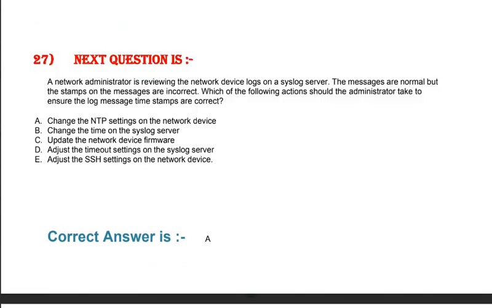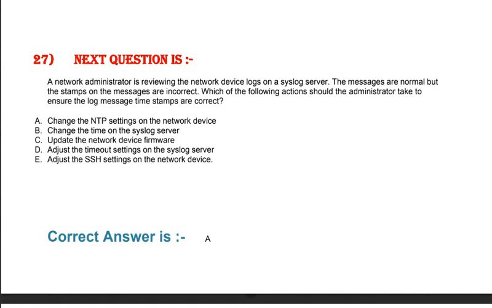Question is, a network administrator is reviewing the network device logs on a syslog server. The messages are normal, but the time stamps on the messages are incorrect. Which of the following actions should the administrator take to ensure the log message time stamps are correct? Option A, change the NTP settings on the network device.